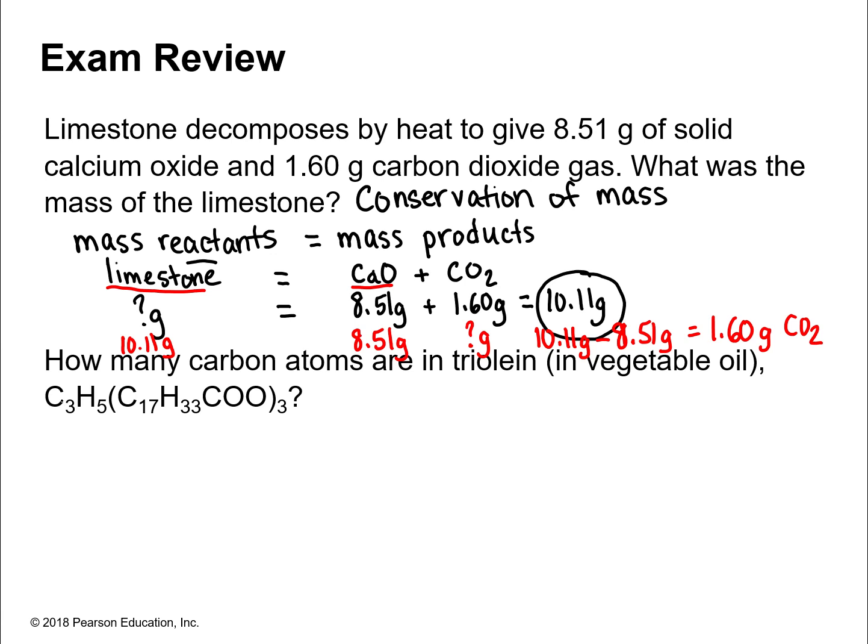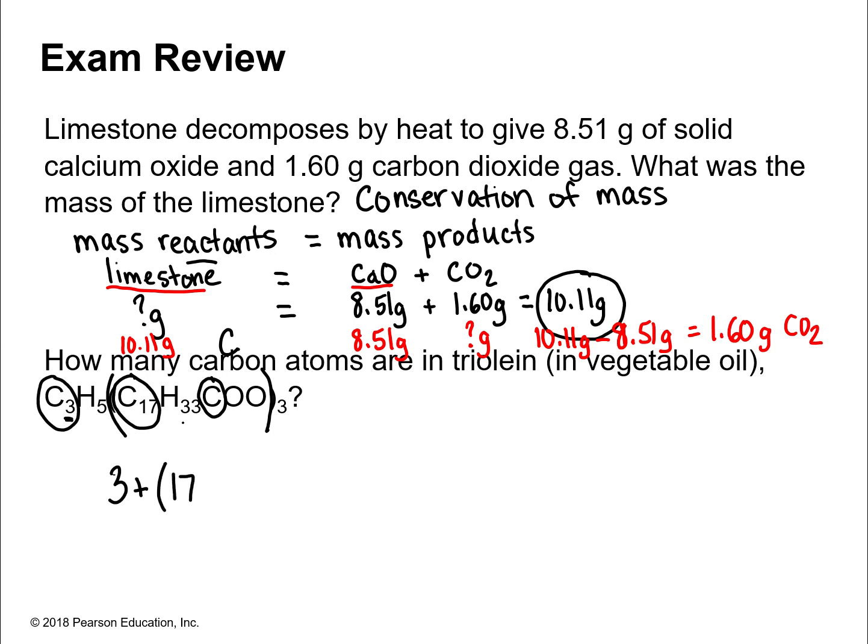All the places where you see a C, that's carbon. I'm going to kind of exaggerate these parentheses here. So to figure out how many carbon atoms, well, we've got 3, because that's what that subscript says, plus we've got some carbons in parentheses.